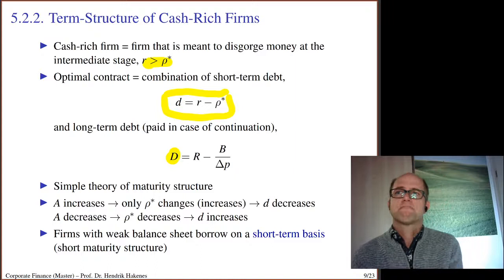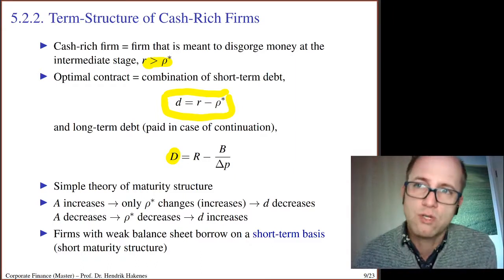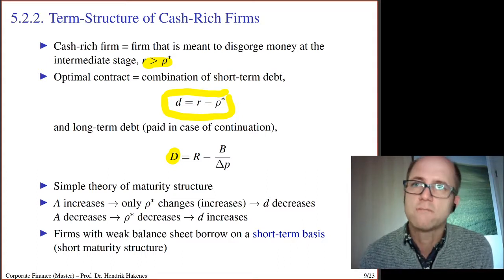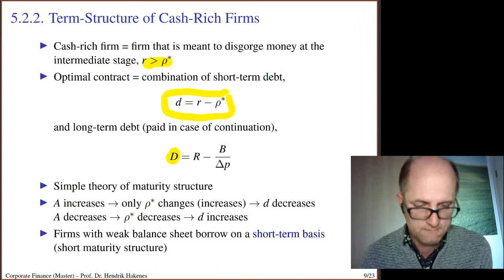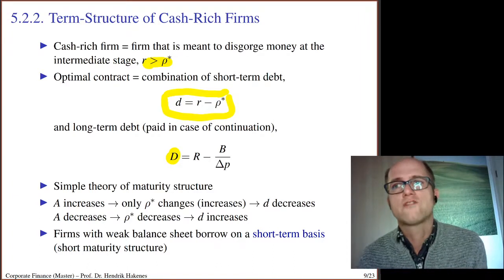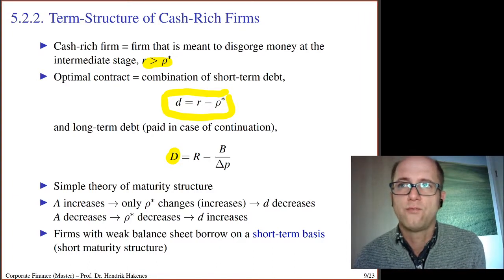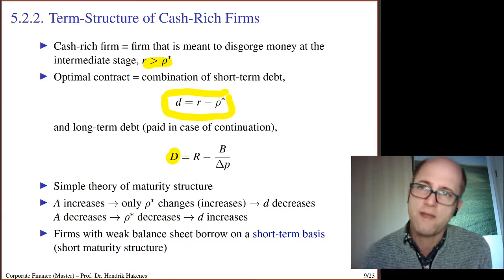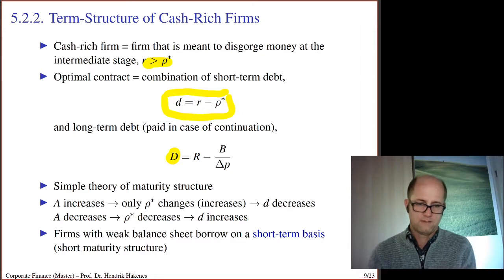So the entrepreneur wants to have long-term debt. She prefers long-term debt because that means that there is less liquidation, and she dislikes liquidation. So therefore, if she has a higher A, she can afford to have a more liquid balance sheet structure, and that means more long-term debt.